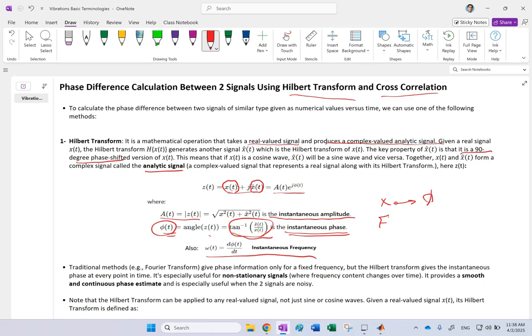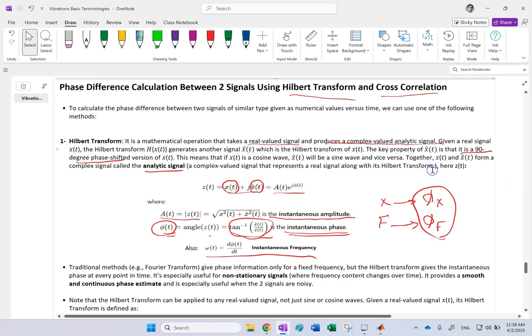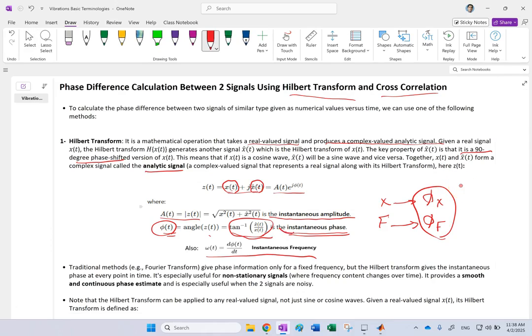So I find the phase of X, and then I find the instantaneous phase of F. And if I want the phase shift between them, all I need is to subtract these two. So you see, it is really great in terms of what it does. The best thing about it is, as I said, it gives you instantaneous phase, and that's what I want.